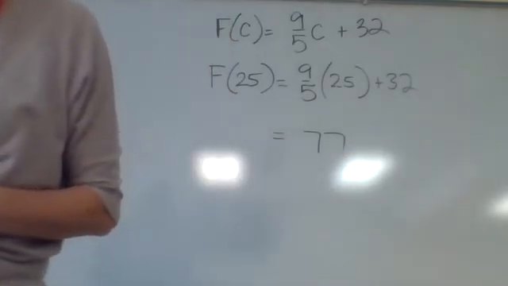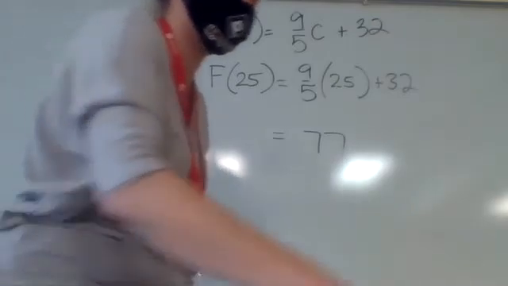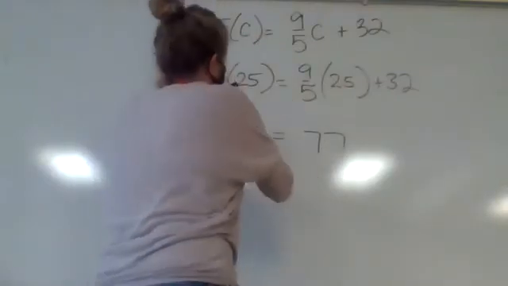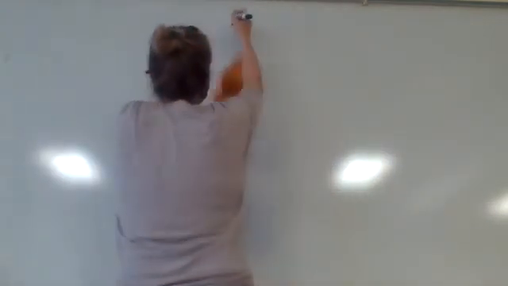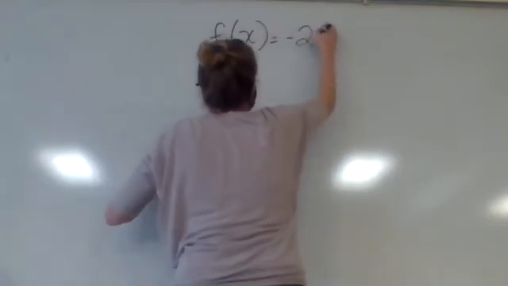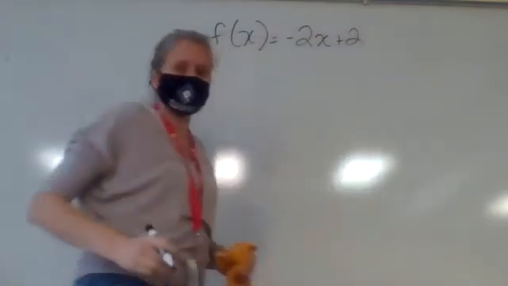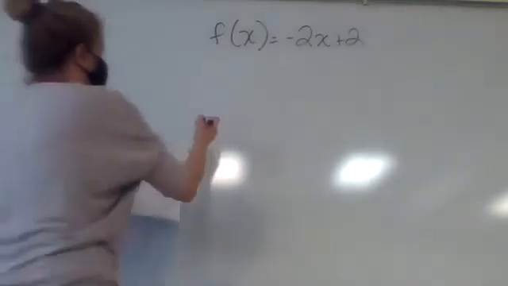It says graph the function f of x equals negative 2x plus 2. So it gives me this function and says to graph it, but before you graph it, fill out this chart.